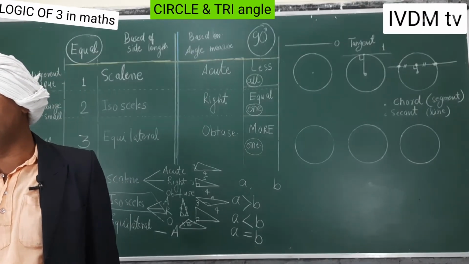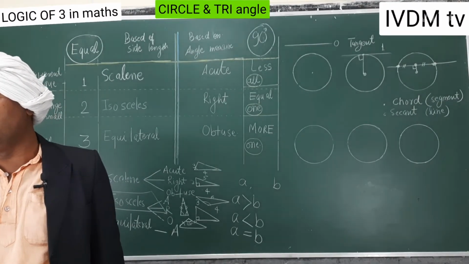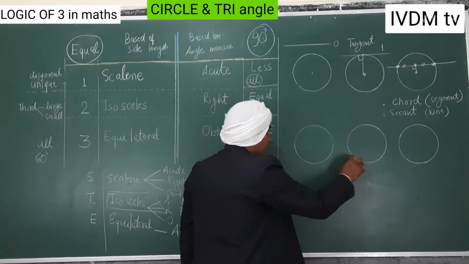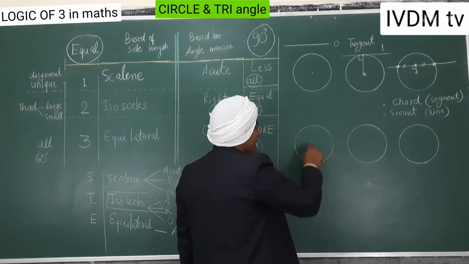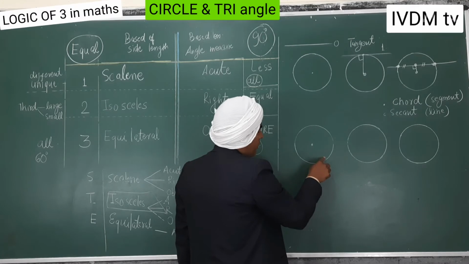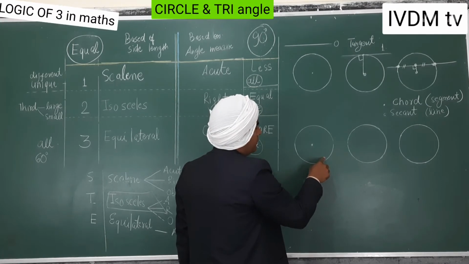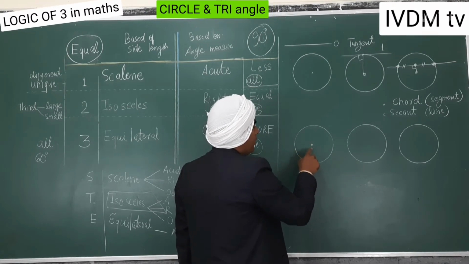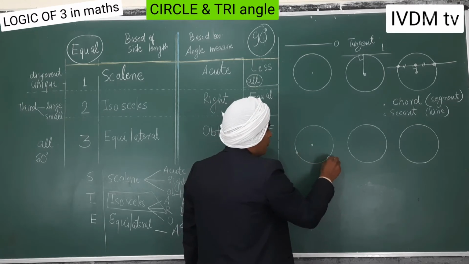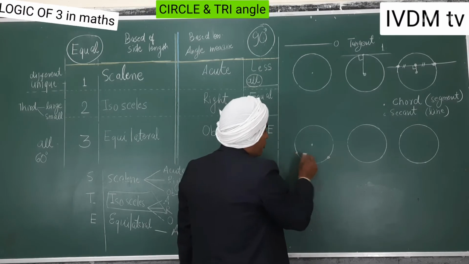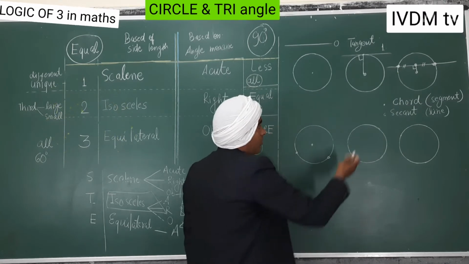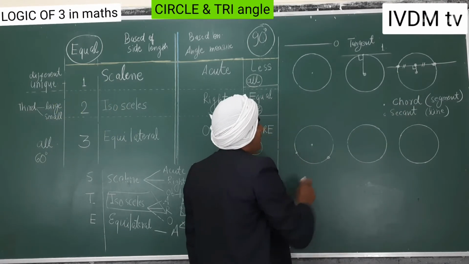So two types: segment and sector. Sectors involve the center also, and segments do not. If you take any two points on the circle and join them, you will have a chord or segment, chord or secant, tangent and secant.